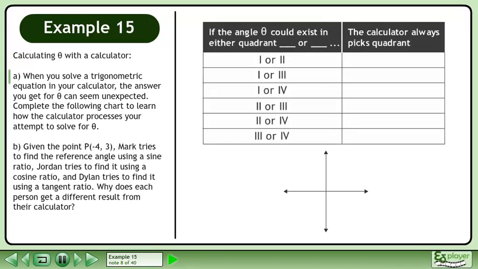Now we'll complete the chart. If the angle theta could exist in either quadrant 1 or 2, the calculator always picks quadrant 1.